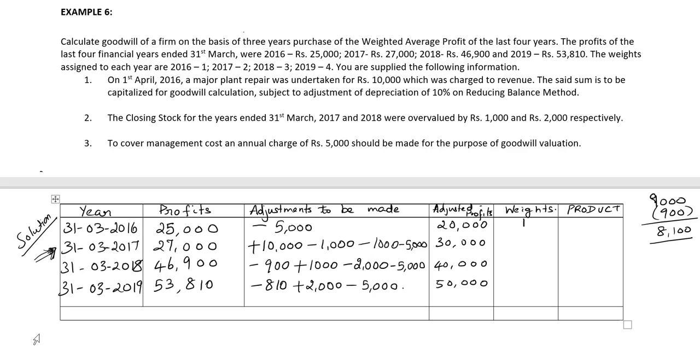Let's assign the weights 1, 2, 3 and 4, beginning with 2016. The product: first year 20,000, second year 30,000 into 2, which is 60,000. The following year 40,000 into 3, 1,20,000. And for 2019 it's 50,000 into 4, which is 2 lakh.